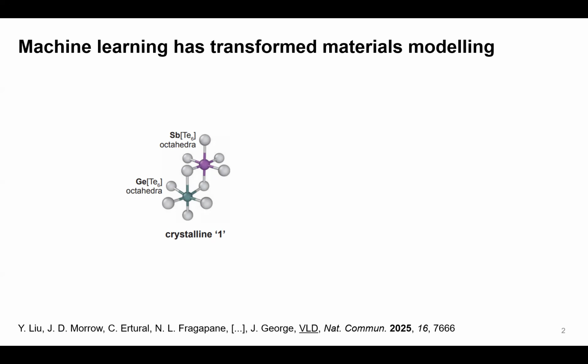It's called a phase change material for digital memories. You see here this fragment from the structure. It's very similar to a rock salt structure. You have octahedral environments. The structure is quite ordered. The materials are typically electrically conducting and reflective.